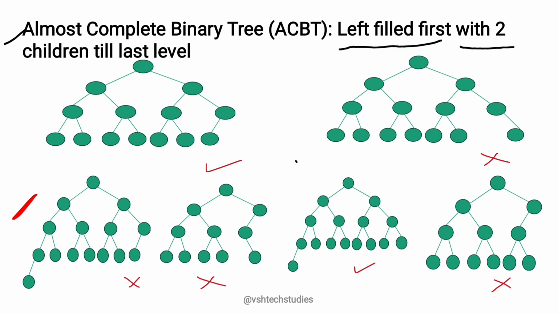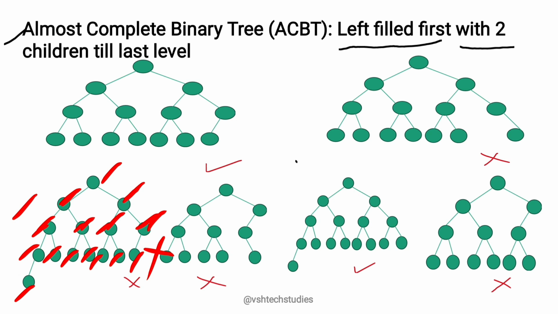Next, if you take up this tree, this node has left, right, both the children. This node has left, right. This node has left, right till here with 2 children. But in the next level, this node has 2 children, this left, right, this left, right. This has only left. But in the next level, left is filled without filling the right one in the previous level.